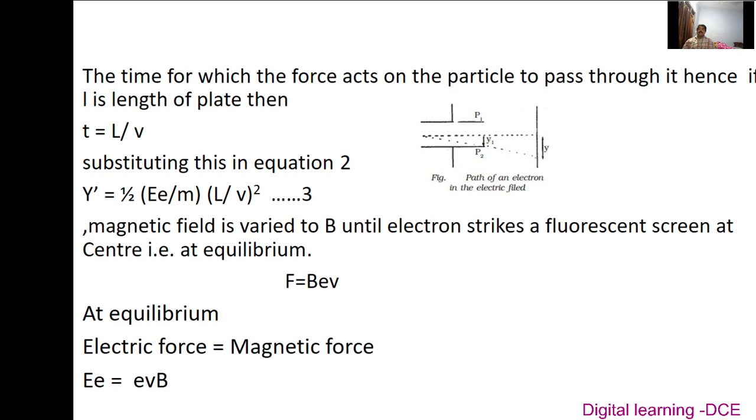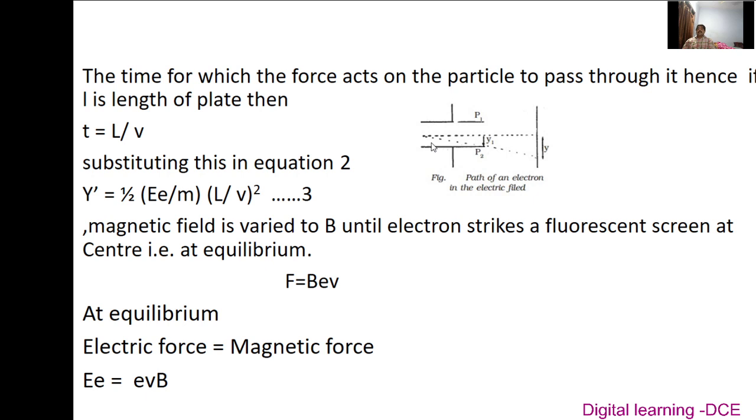With the given electric field between the plates P1 and P2, now we apply a uniform magnetic field in the direction perpendicular to the electric field.